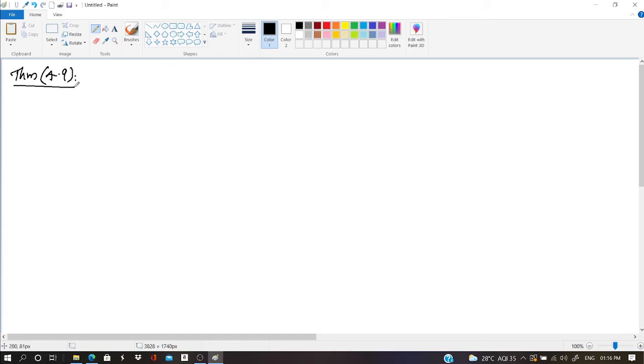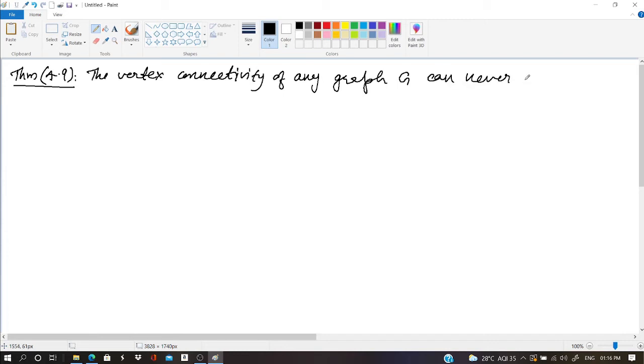The vertex connectivity of any graph G can never exceed the edge connectivity of G. That means edge connectivity is the largest one. So consider the proof also.